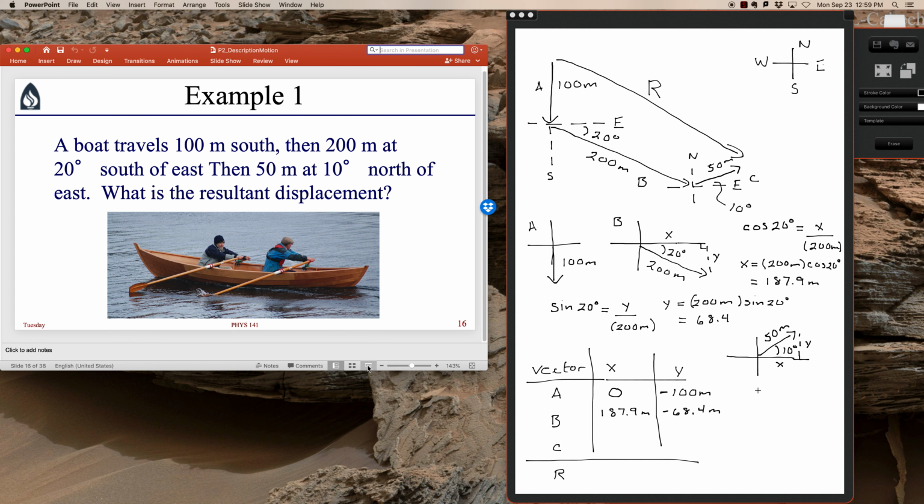So let's see, if I take the sine of this 10-degree angle, then the sine of the 10-degree angle would be opposite over hypotenuse. And if I solve for y, that gives me y is 50 meters times the sine of 10 degrees. If I plug that into my calculator, I get 8.7 meters.